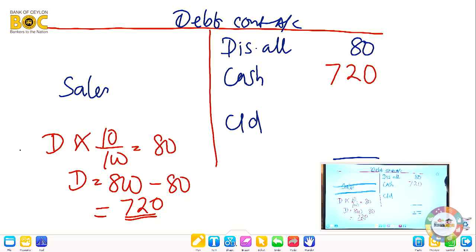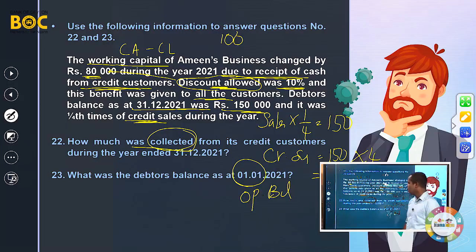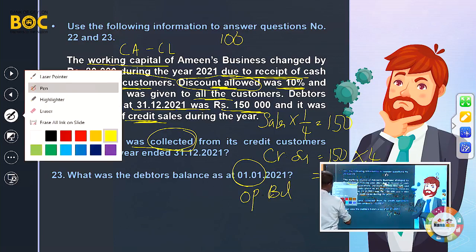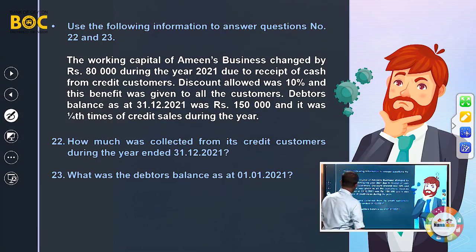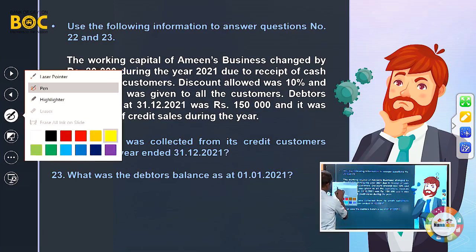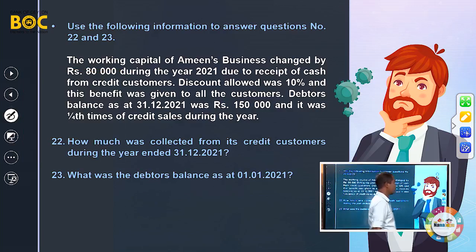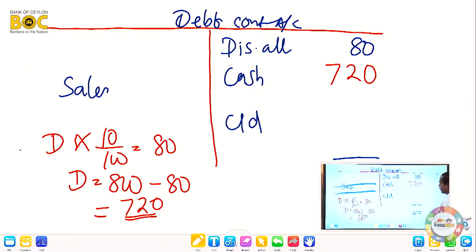Now you check the question. How much was collected from debtors? We calculated 800 worth of debtors paid with a discount of 80.